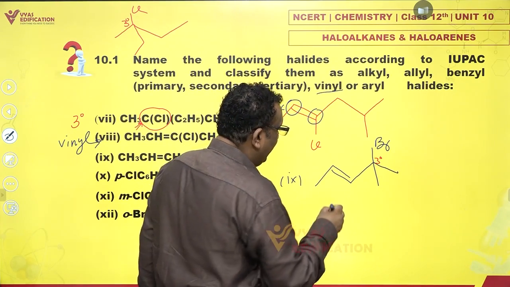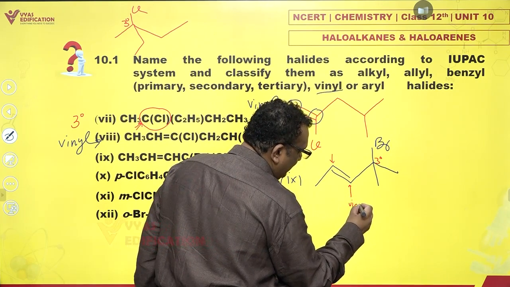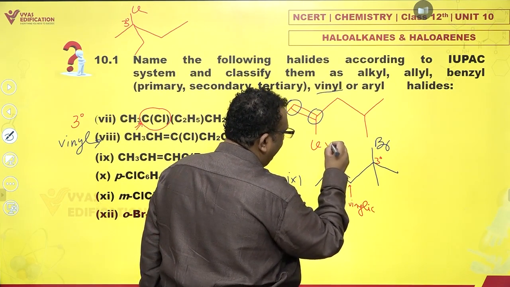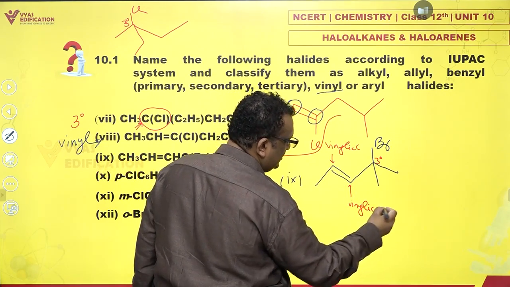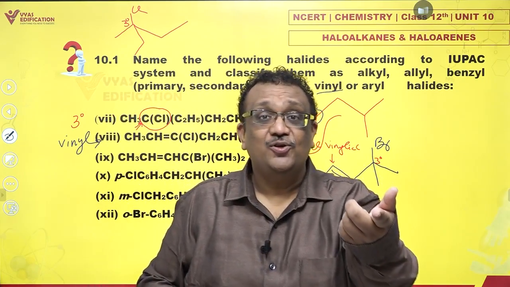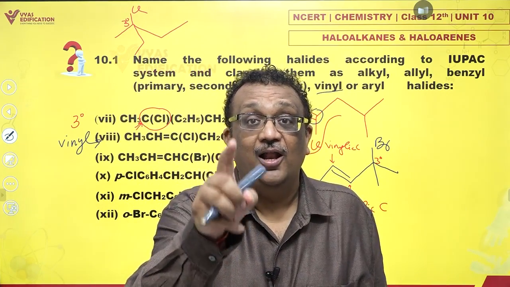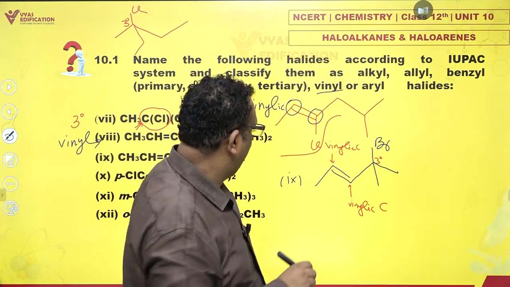Also, if you see, these carbons they are vinylic carbon, like this, right? And the immediate neighbors of vinylic are called allylic. It's a new term? Yes, it's a new term.